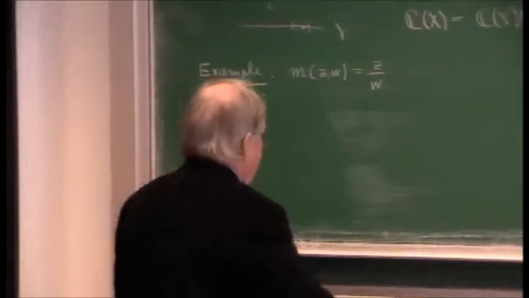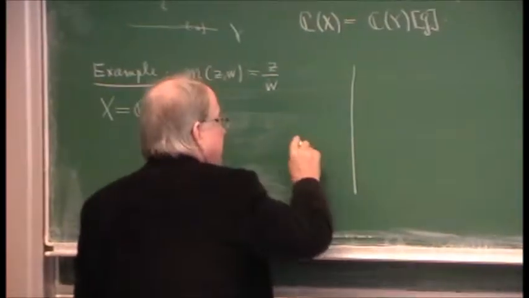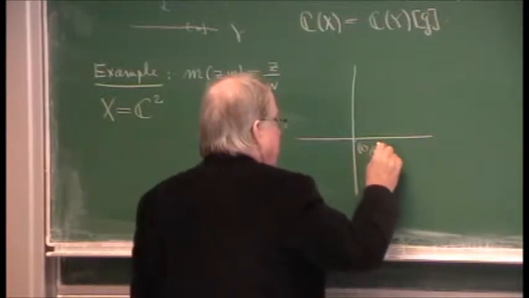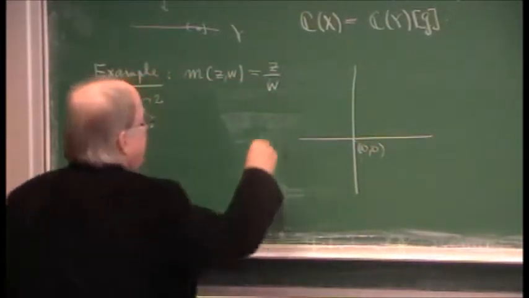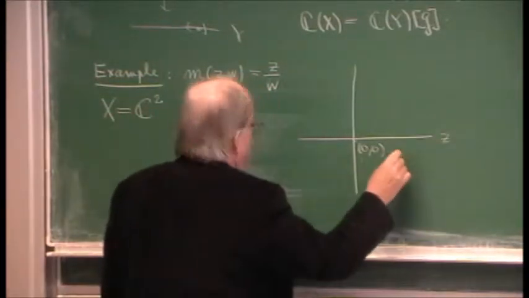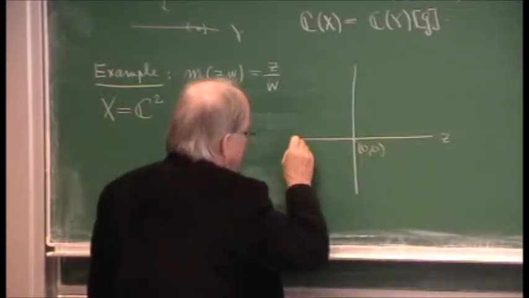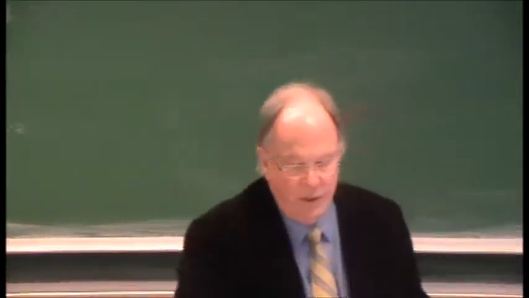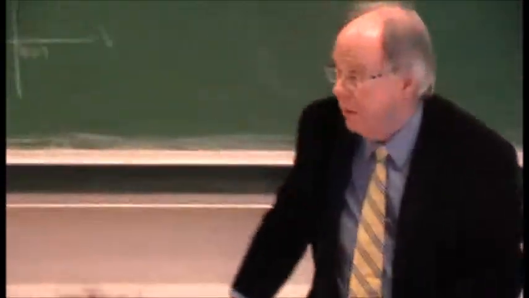And then I talked about how this thing looks in the neighborhood of the origin, where you're worried about what it means. On the z-axis, where w equals 0, you think along the z-axis it should have the value infinity, and that's really the way to think about it.